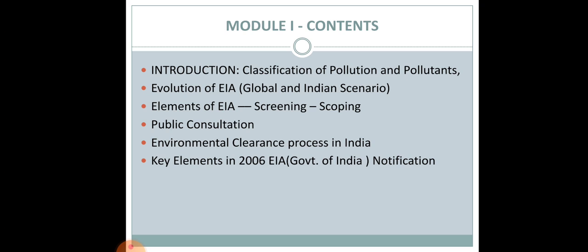When you say impact, it includes both the beneficial as well as the adverse impacts. EIA is a tool used to assess the positive and negative environmental, economic and social impacts of a project, and it is used to predict the impacts of a project, particularly in the pre-planning stage, so that decisions can be taken to reduce the adverse impacts.